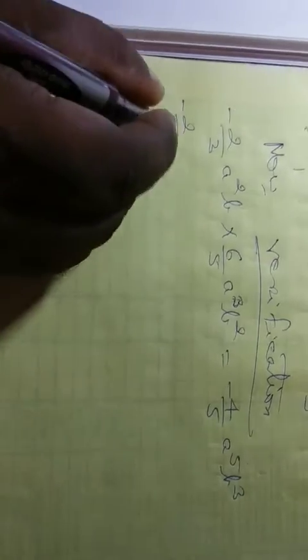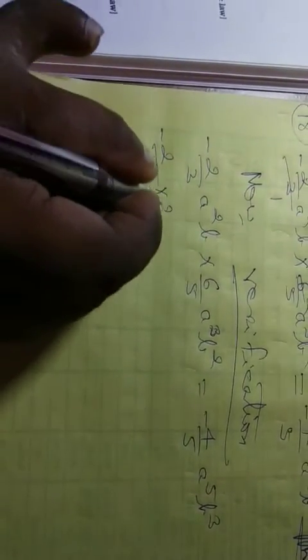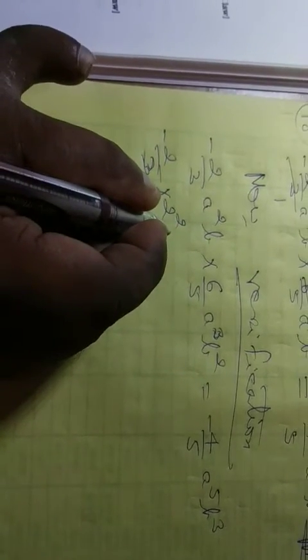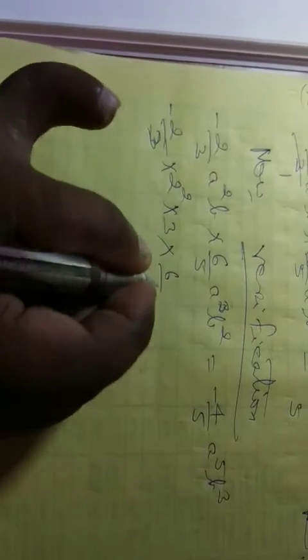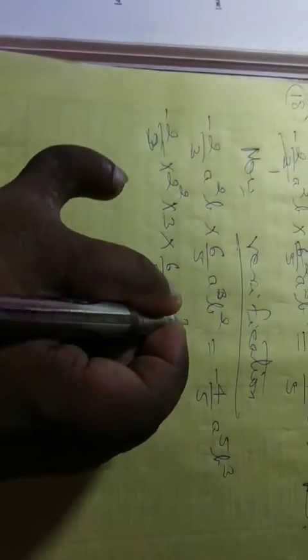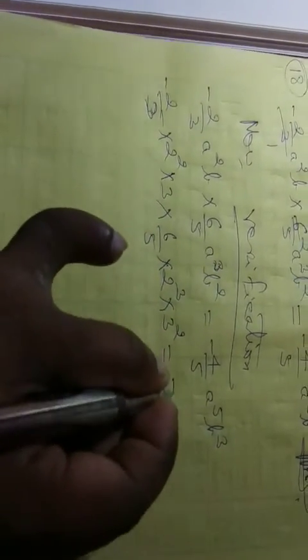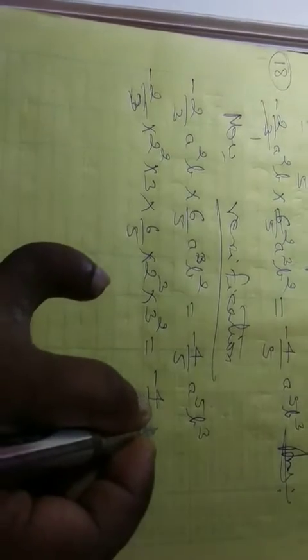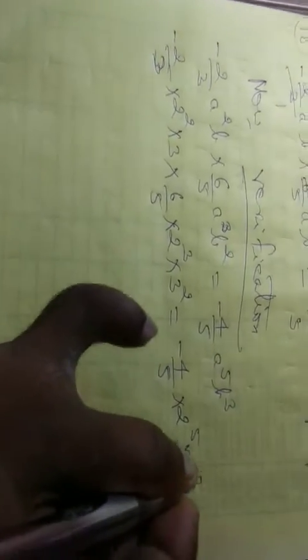Here the value of a is 2, so 2 to the power 2, and the value of b is 3, into 6 by 5 into 2 to the power 3 into 3 to the power 2, equal to minus 4 by 5 into 2 to the power 5 into 3 to the power 3.